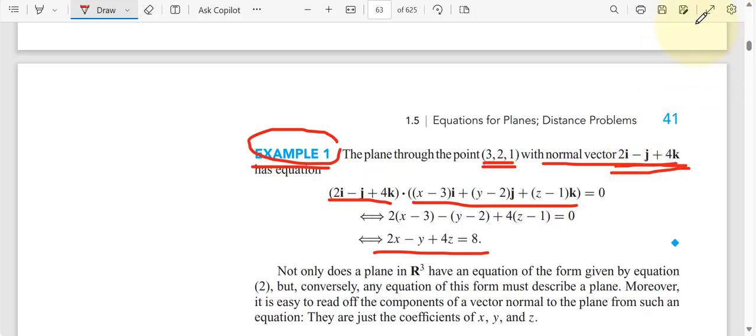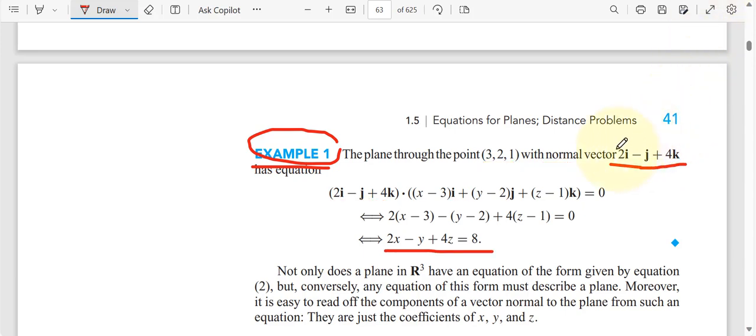Okay, now going back to this example here, if you look at the normal vector and you look at the result, it can't be a coincidence that the normal vector has 2, -1, and 4, and this is 2, -1, and 4. So we're not proving that yet, but we can see that we can get a normal vector just by reading the coefficients of x, y, and z.